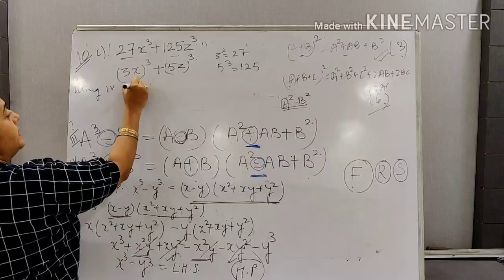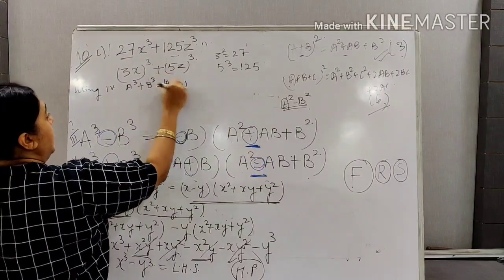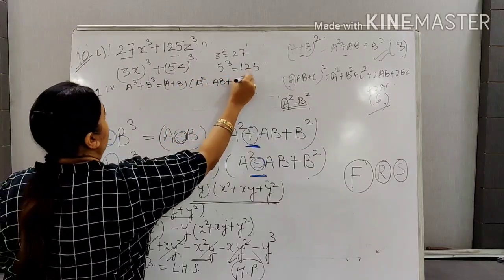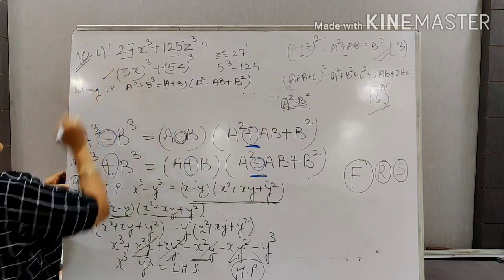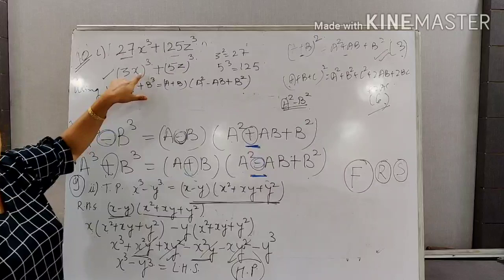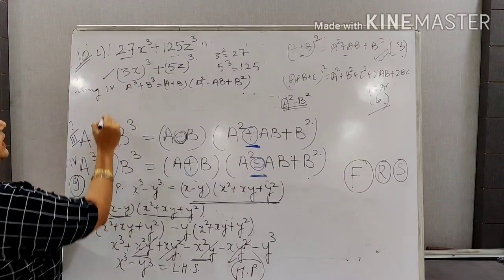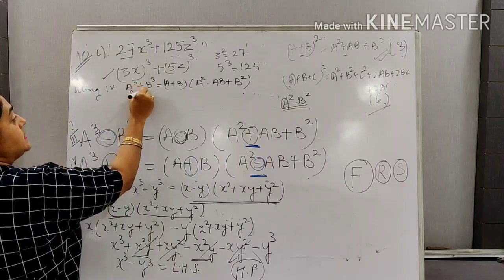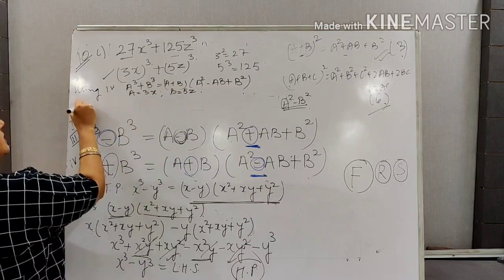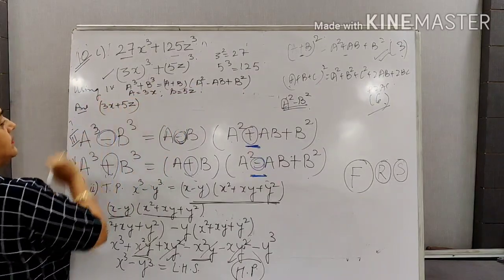What is the identity? A cube plus b cube is equal to a plus b, a square minus ab plus b square. So my 3x whole cube plus 5z whole cube will become, my a is 3x, my b is 5z. So your answer is 3x plus 5z, right?